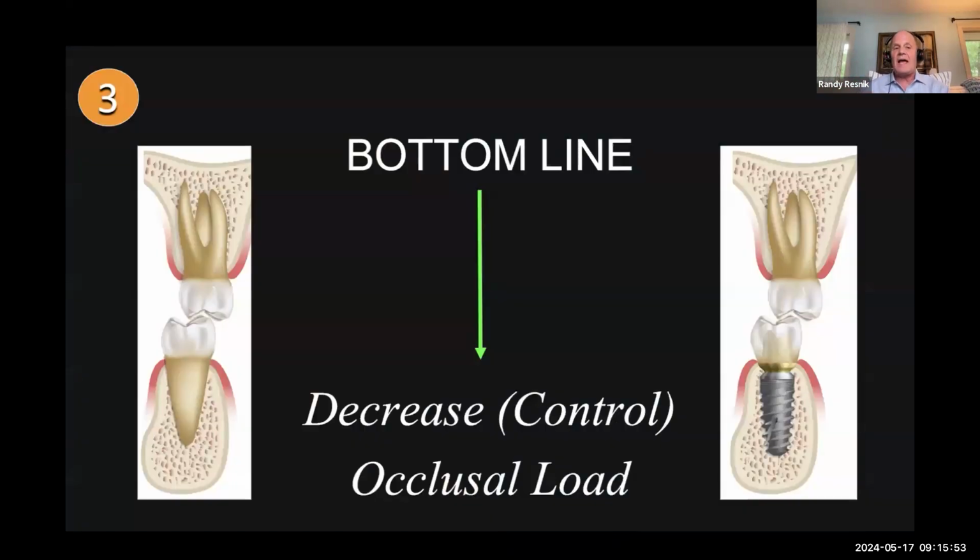If we look at the bottom line, what we concluded at the last seminar is that teeth and implants are different. What we have to do is control or decrease our occlusal load on implants, because teeth can take a lot more force than implants. And we know that when we put too much force on an implant, that results in bone loss.